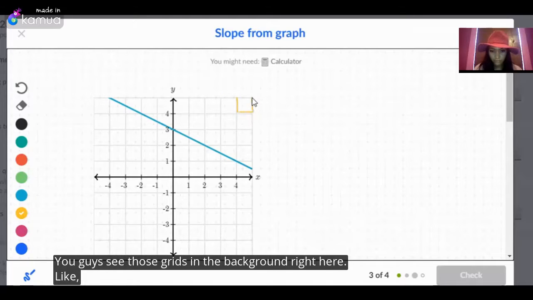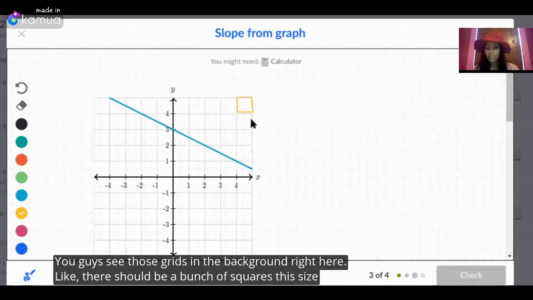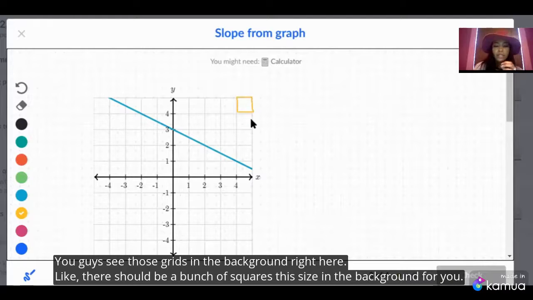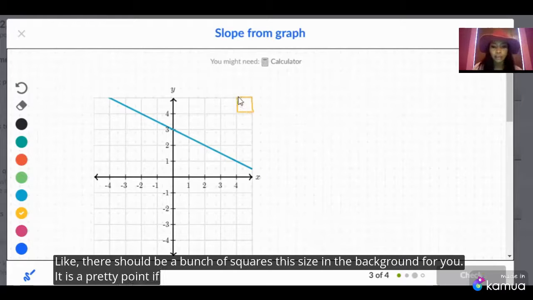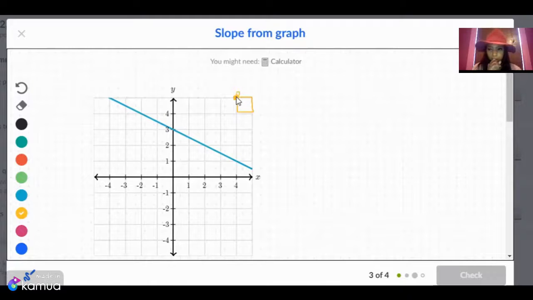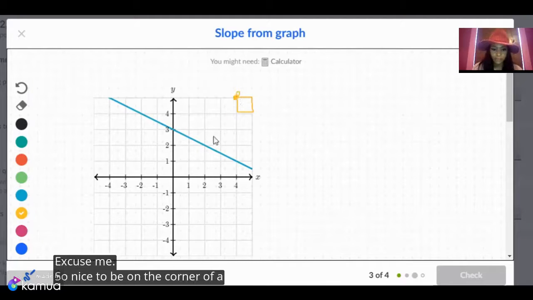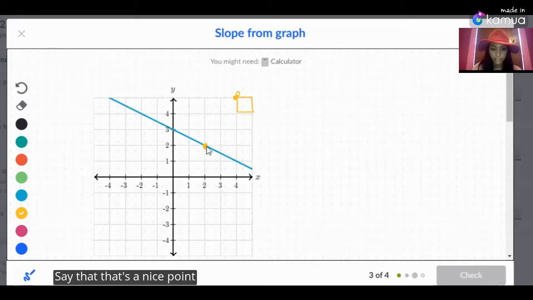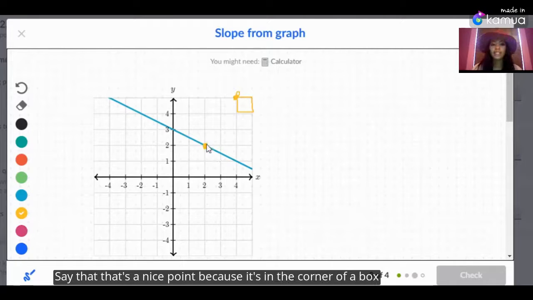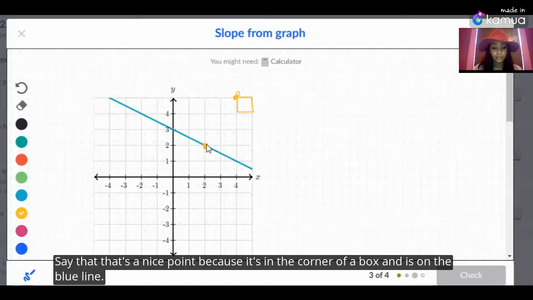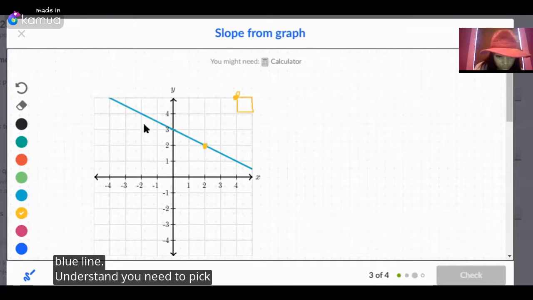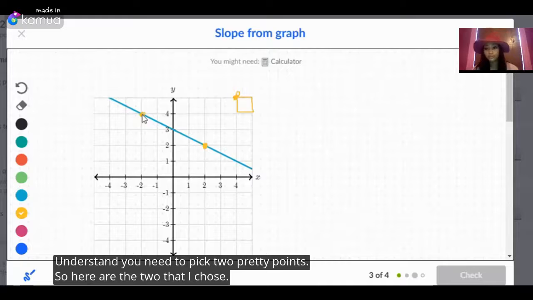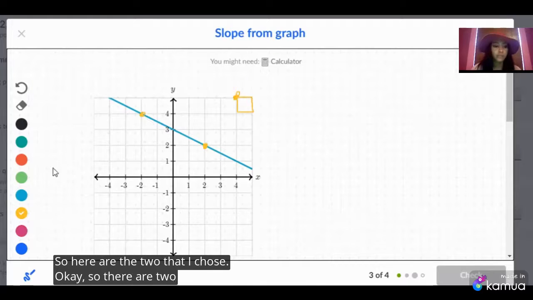It is a pretty point if it happens at the corner of a box. That's a nice point because it's in the corner of a box and it's on the blue line. Understand? You need to pick two pretty points. So here are the two that I chose.